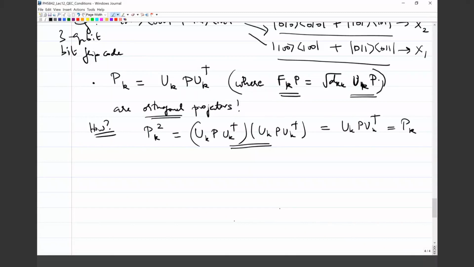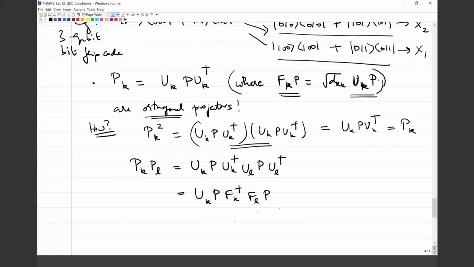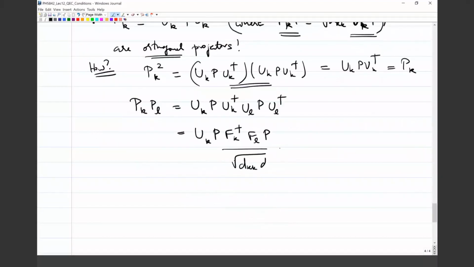So if I do P_k P_l, that is U_k P U_k dagger U_l P U_l dagger. And this is nothing but F_k dagger F_l divided by some numbers. That doesn't matter. Which actually vanishes for all k not equal to l.